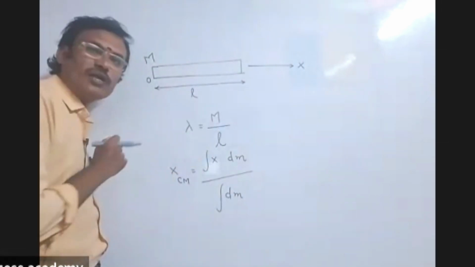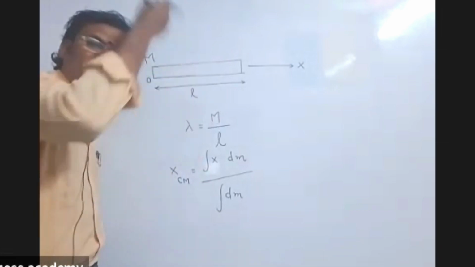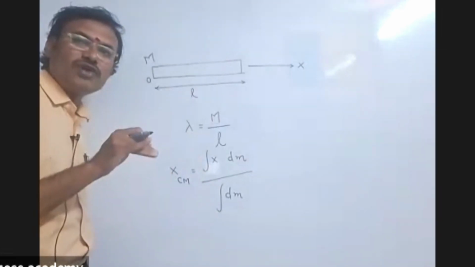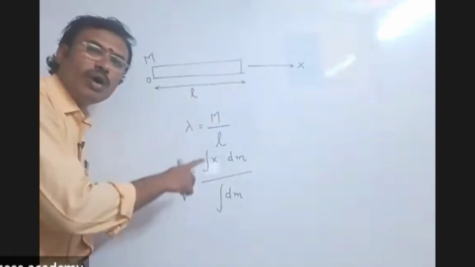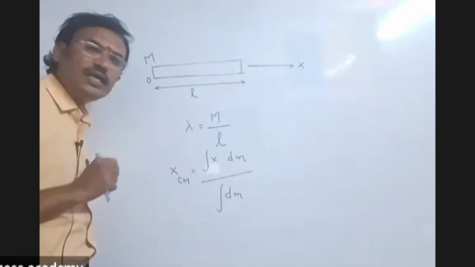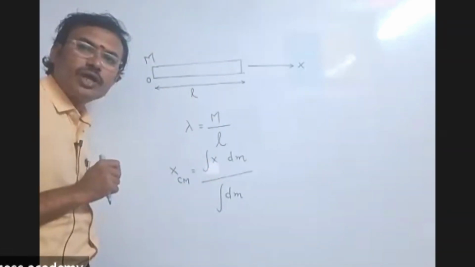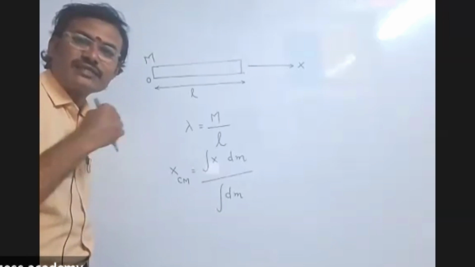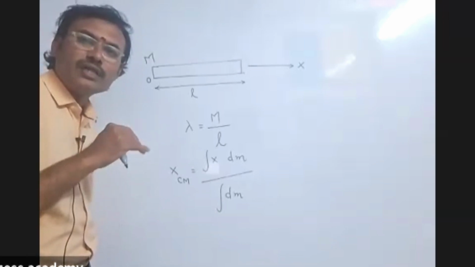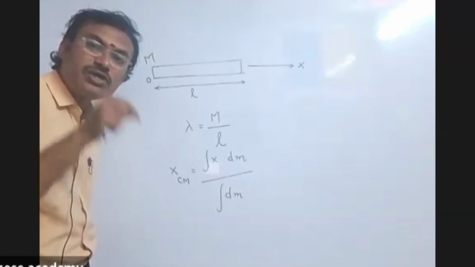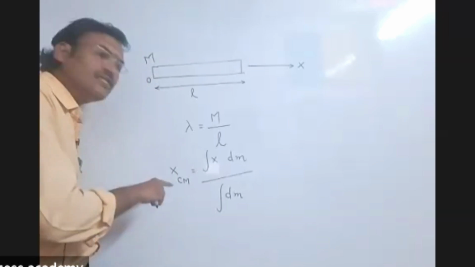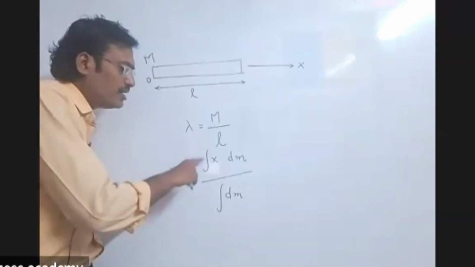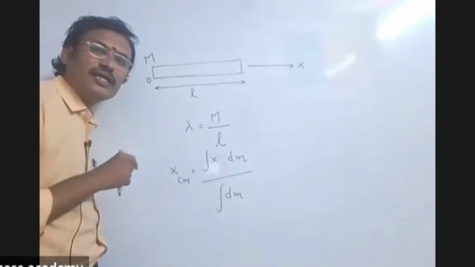If the rod is along the y-axis, then you take the formula ycm is equal to integral y dm by integral dm. If the rod is arranged along the z-axis, then zcm, the position of the center of mass with respect to the z-axis, is equal to integral z dm by integral dm.